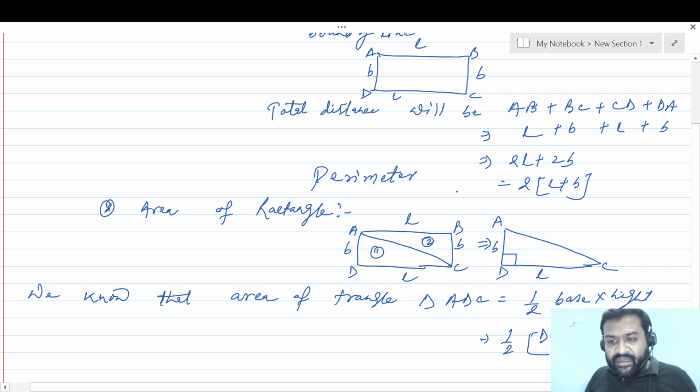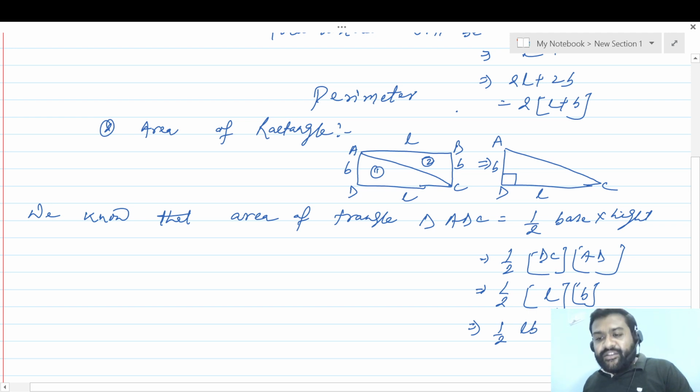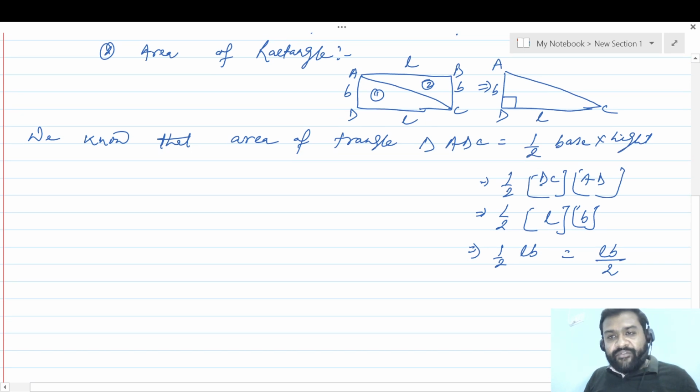I have taken AD as the height. Now 1 by 2, and DC is our length, and AD is our breadth. So this will be L into B by 2. Now we have talked about the first triangle.